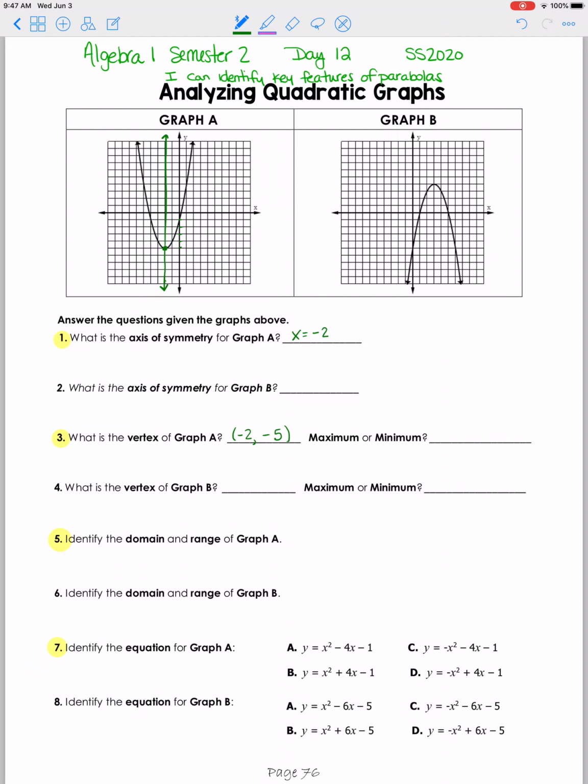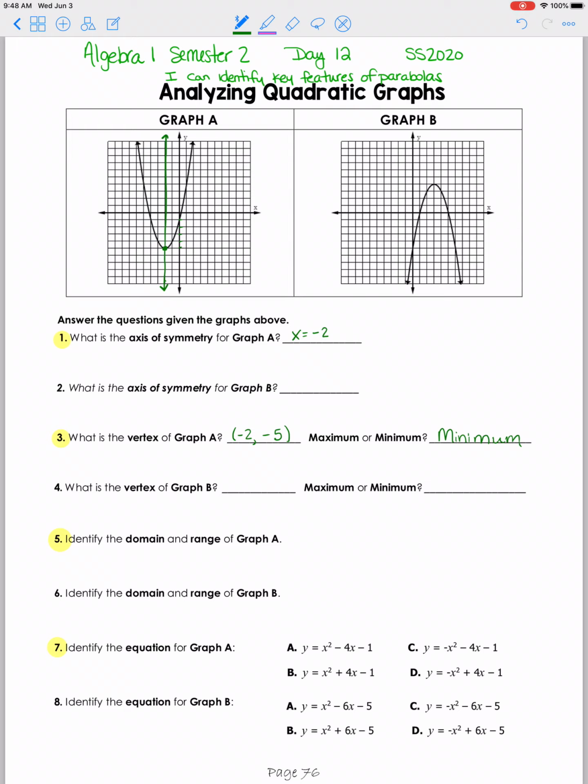Then it's asking if this point is a maximum or a minimum. Since this parabola is opening upward, that means that this is the minimum value. It is the lowest value that the graph is going to go to. If your parabola opens down, that means that you're going to have a maximum value instead of a minimum value.